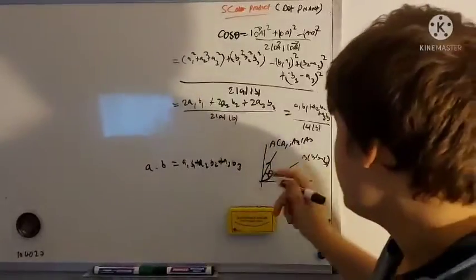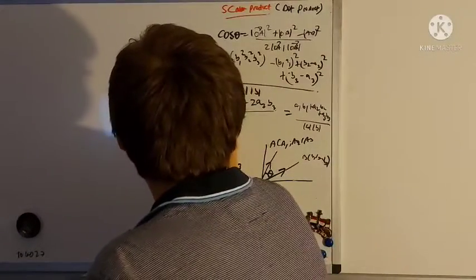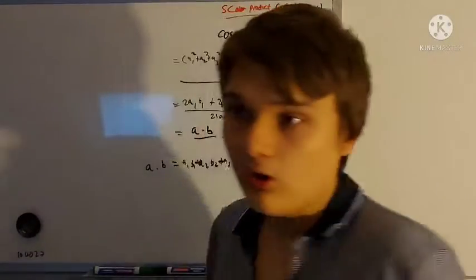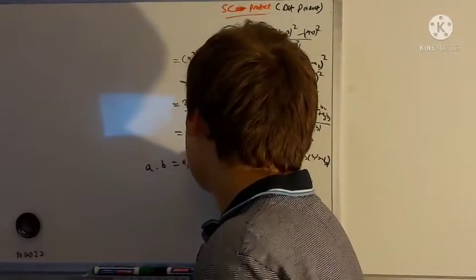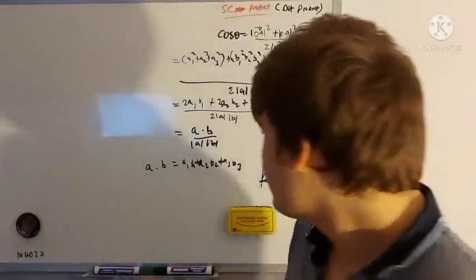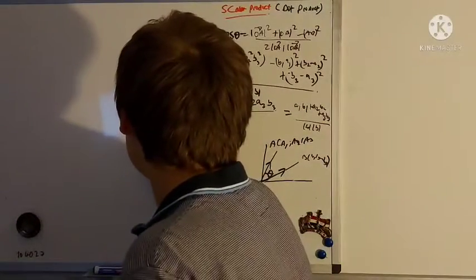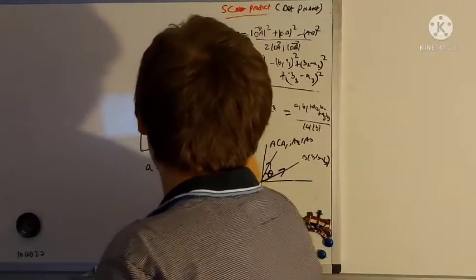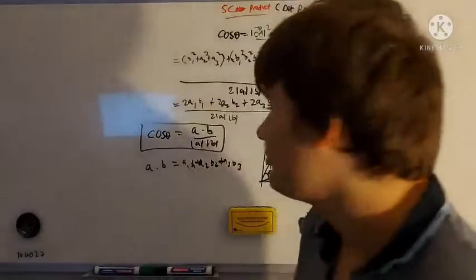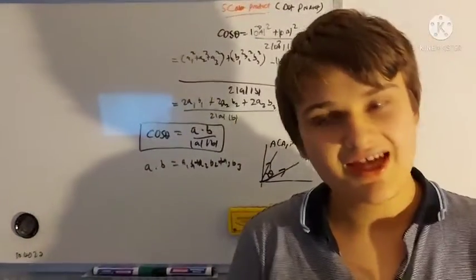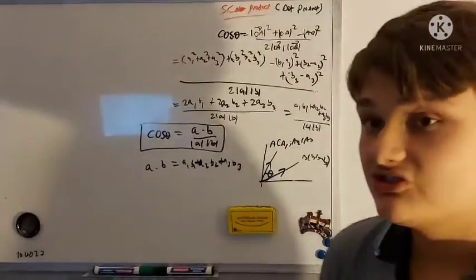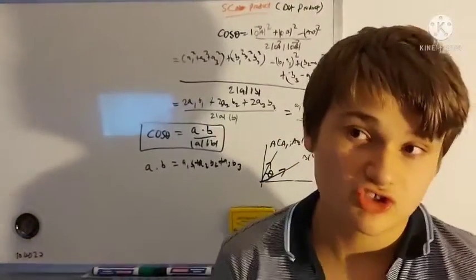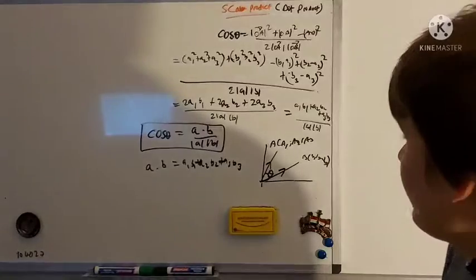So I can sub that into here. So I get A dot B, all divided by the modulus of A times the modulus of B. Okay? So cosine theta equals that. And that is where this scalar product, dot product, is coming from.